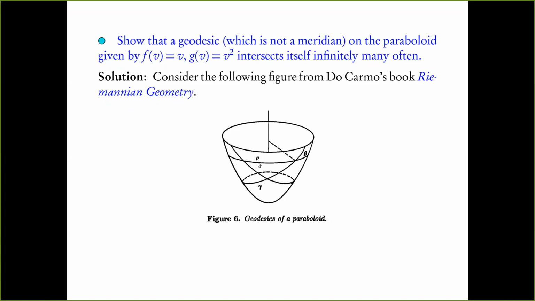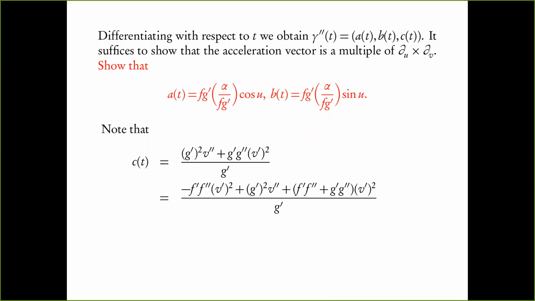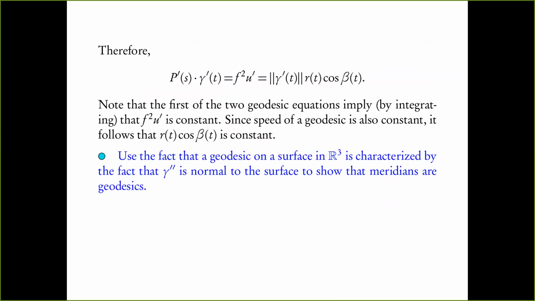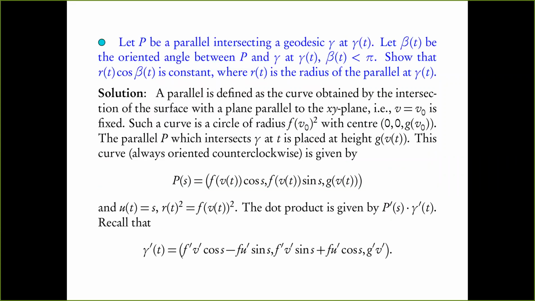If I go to the next parallel, I use the same orientation. I'm not allowed to change the orientation of a subsequent parallel, because the angle beta would then change discontinuously. Are there any questions with the setup? So that's what an oriented angle means: you fix an orientation of each parallel. If all of them are counterclockwise, then that's it, and that's the convention we're going to use.